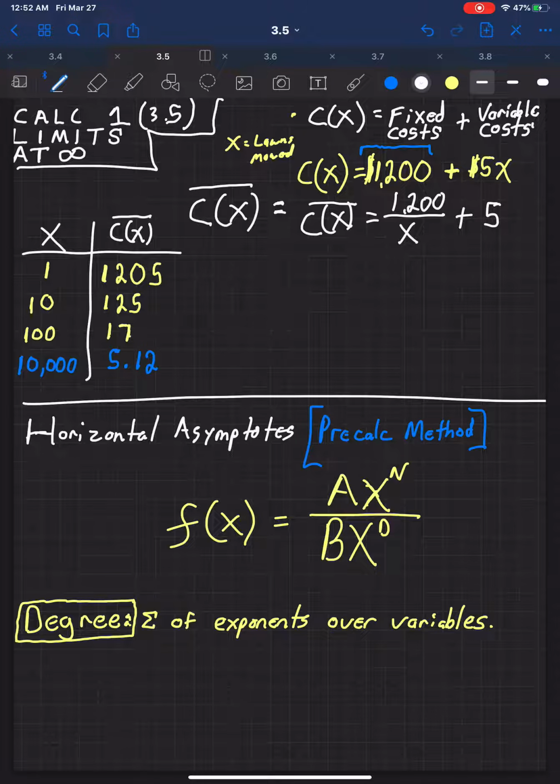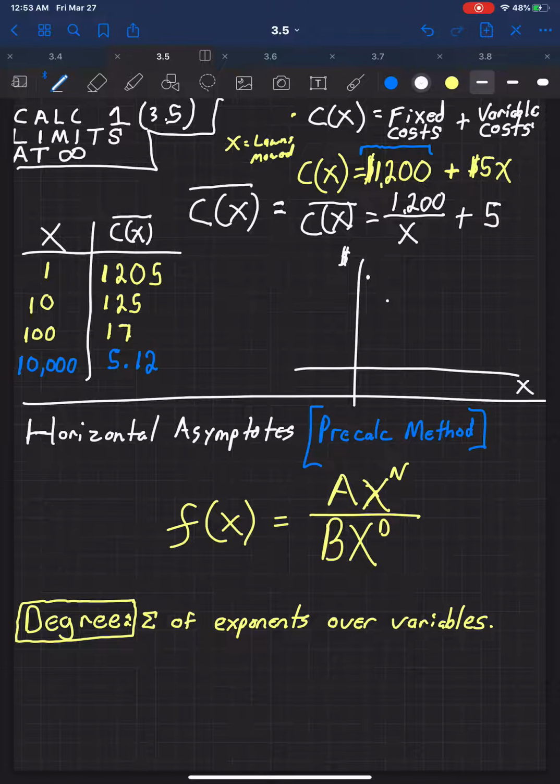So I'm going to do just a rough sketch here. And what you would notice is that, so this is cost over here, and this is lawns mowed over here. Then what you would notice is that in the beginning, your average costs are very, very high, right?